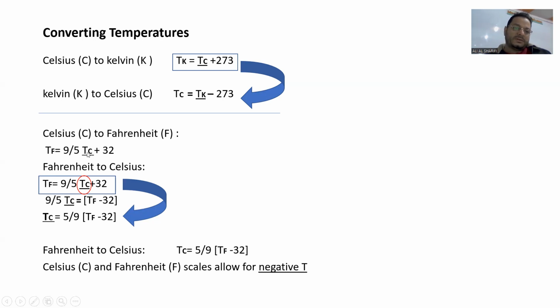And to calculate the Celsius temperature from the Fahrenheit temperature, that will be TC, meaning temperature in Celsius, equals 5 divided by 9 times the temperature in Fahrenheit minus 32, between two brackets.